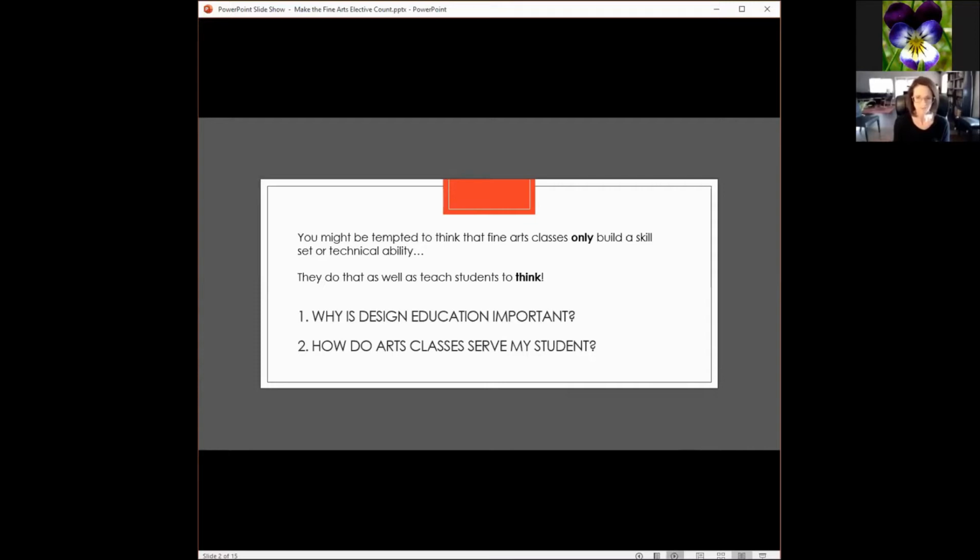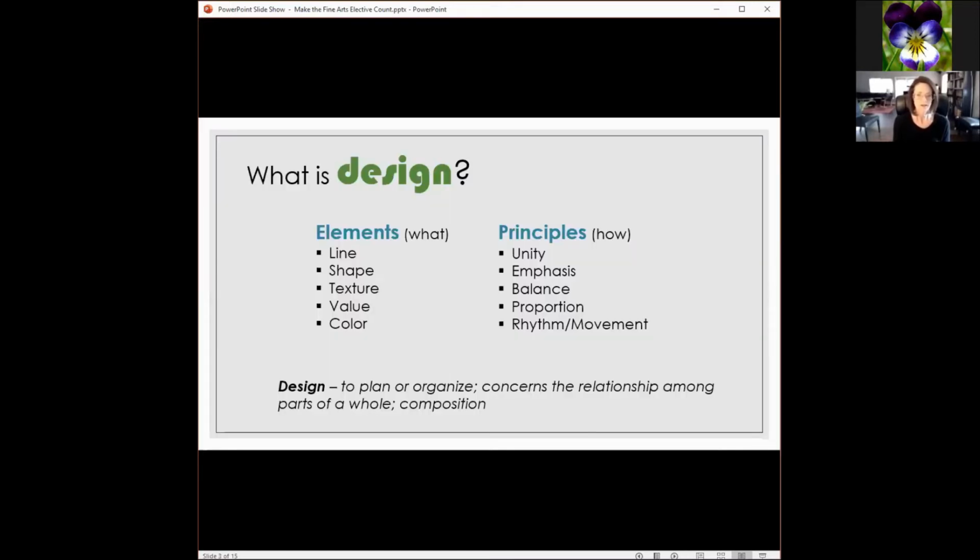Let's start with design. So if we're saying that design education is important, what is that really? We think about design and that's kind of being creative and maybe coming up with the newest iPhone or the newest Nike shoe or a new outfit.